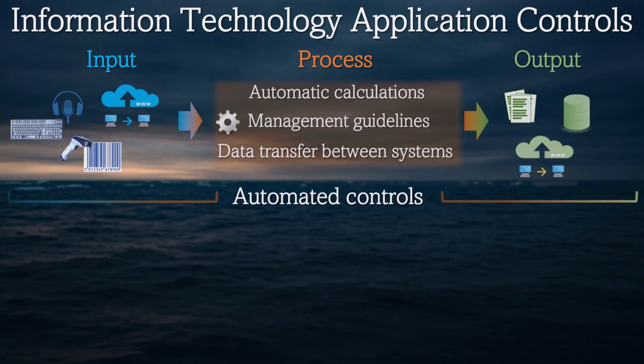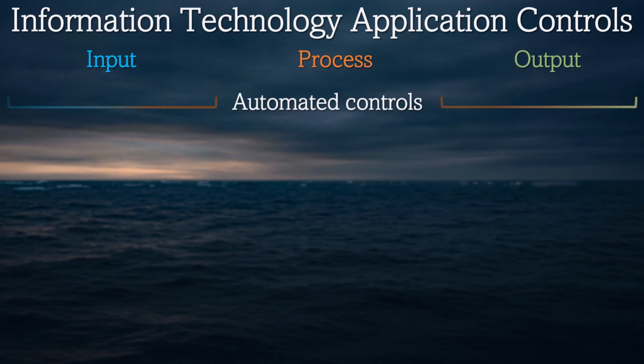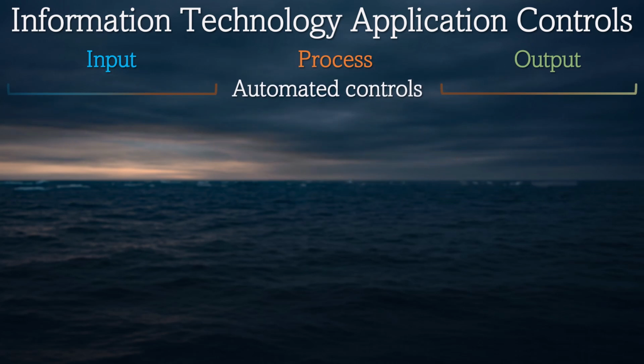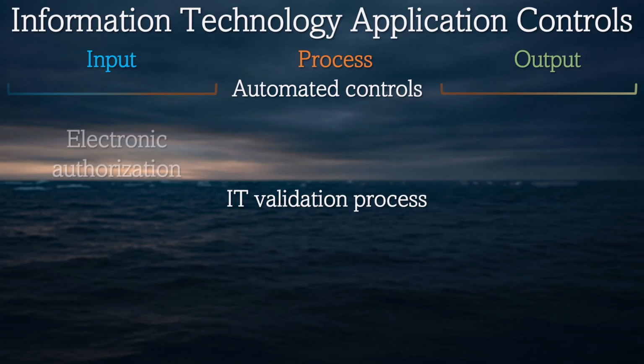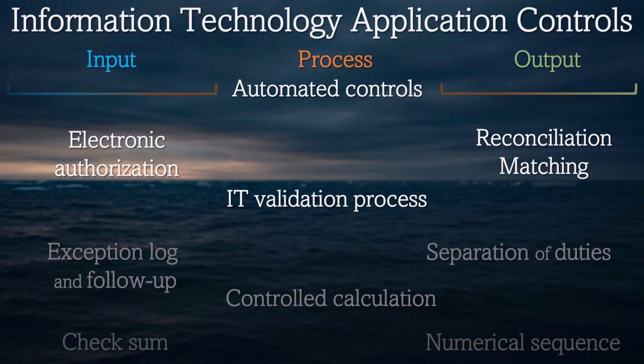But in practice, the same types of controls are often performed at each of these 3 stages. Here are a few examples. Validation checks, which ensure compliance with data rules, authorization checks, which govern user permissions, and reconciliation or matching checks, which compare information against one another. You'll find more examples in the description. The key takeaway: these controls are similar, but they occur at different stages of the process.